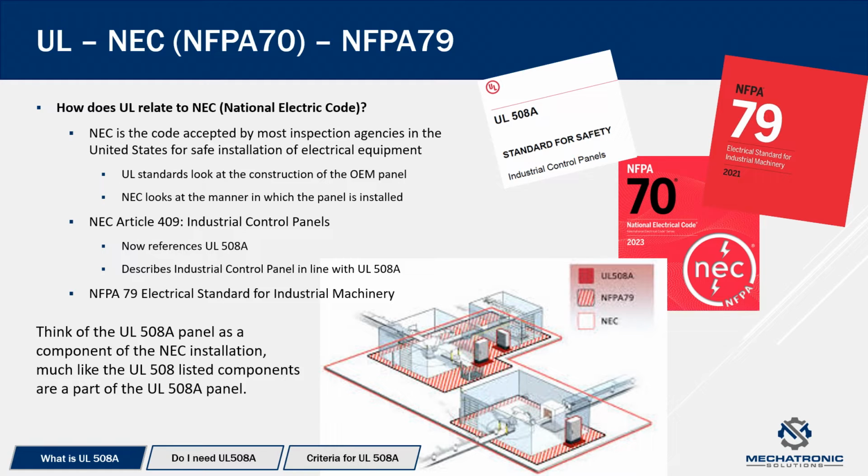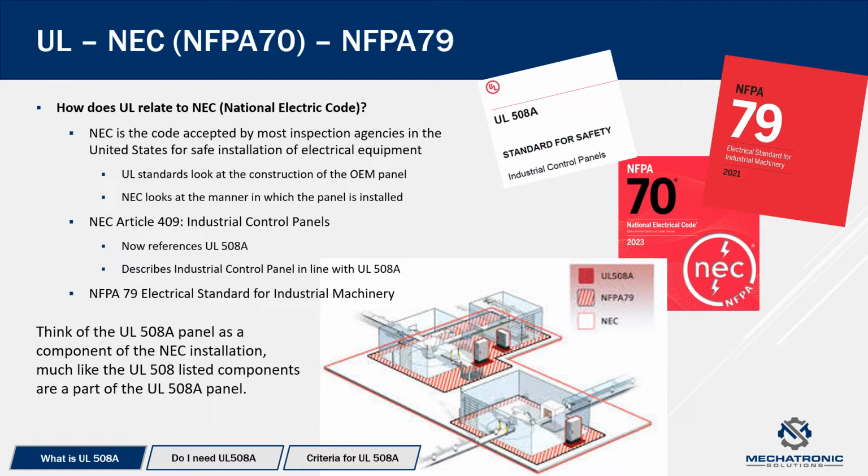So when that panel goes into the plant and the service gets hooked up to it. NEC Article 409 covers industrial control panels. That article now references UL508A in a few places.